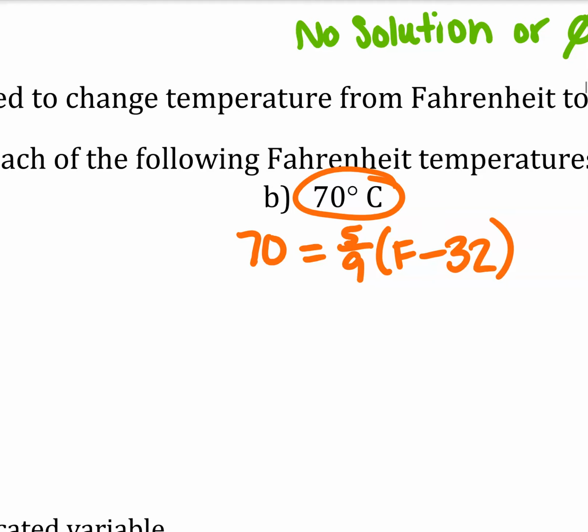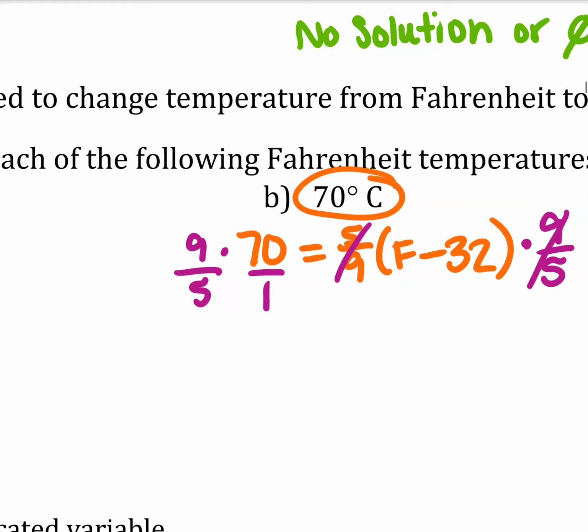Don't do that, because it's just an extra step that you really don't need. Instead, let's get rid of the 5/9. Let's multiply by the reciprocal, 9 over 5, on both sides so that you can just get rid of that right there. Then you don't have to worry about distributing, and you'll only have 1 step left, and it'll be really nice. Let's cross reduce those.